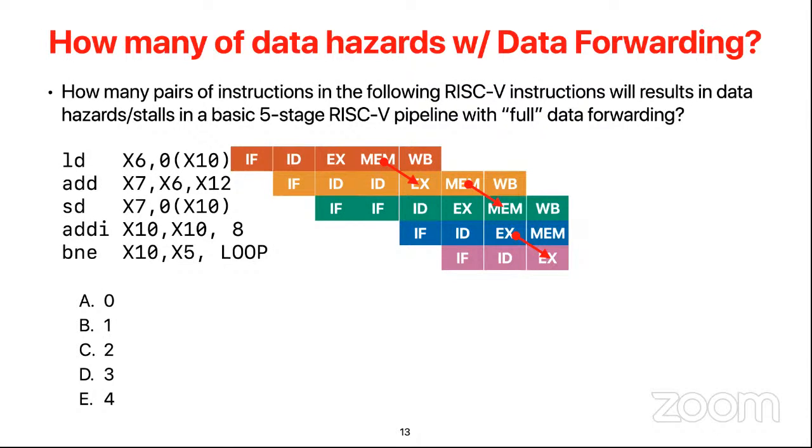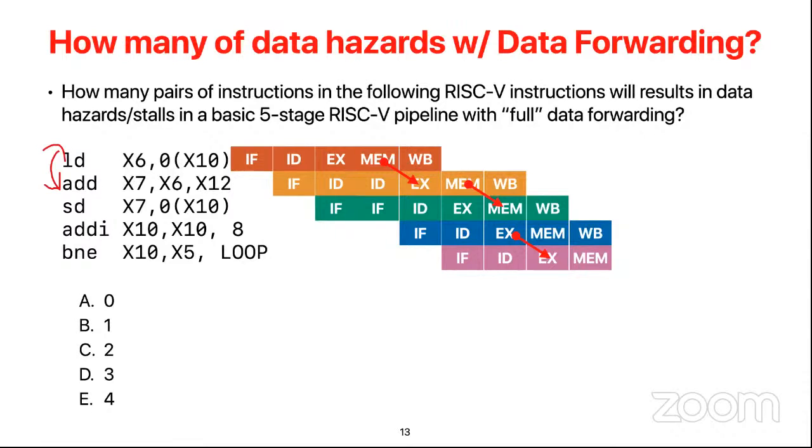So the truth is that if you have full data forwarding, there's only one pair of instructions that would cause a stall. That's the load and add instruction, right? Because for arithmetic instructions, we can always generate the outcome in the execution stage, and you can always forward your outcome to the execution stage of your next instruction.